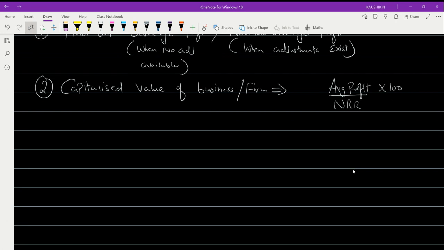Now coming to step number 3. Step number 3 is nothing but finding out the net assets of the firm. For finding out the net assets of the firm, either a formula can be used, or if the question has directly provided the net asset value, you will use that particular amount.